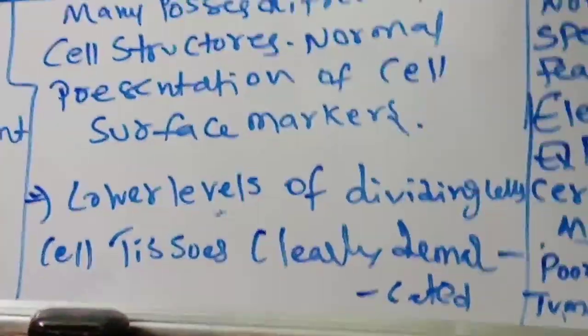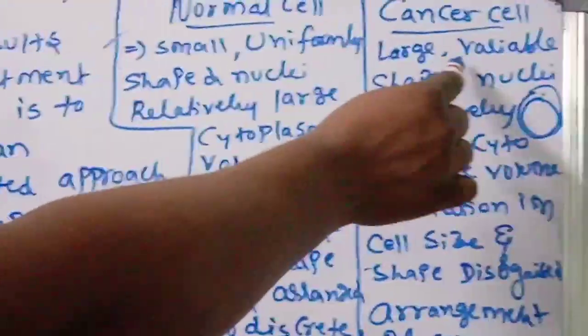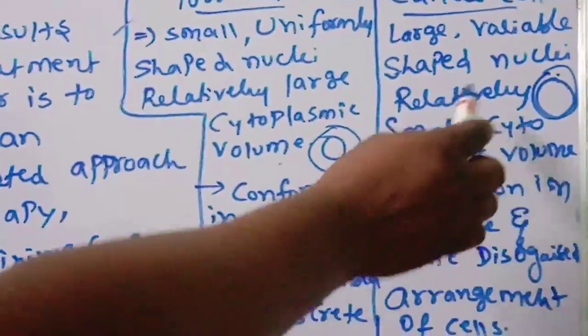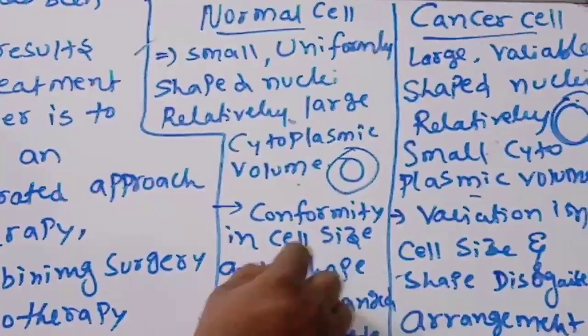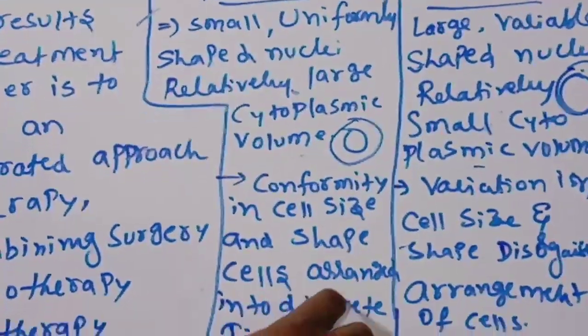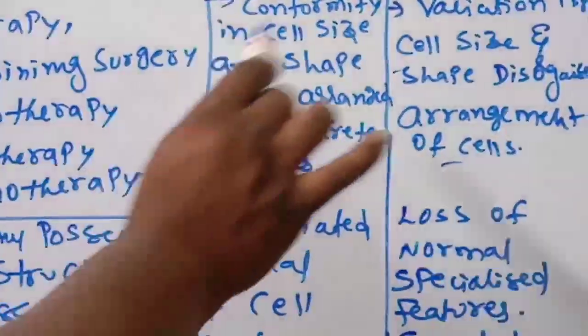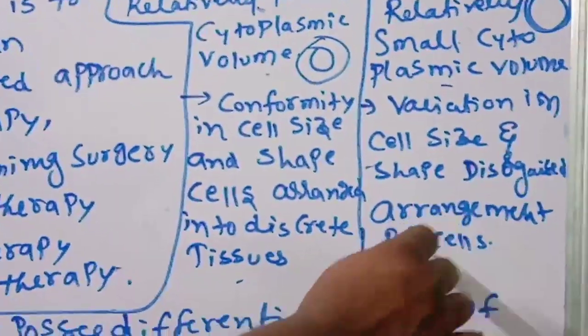Normal cells: small, uniform shaped nuclei, relatively large cytoplasmic volume. Cancer cells: large, variable shaped nuclei, relatively small cytoplasmic volume. Your nucleus is big, your nucleus is small. Cell size and shape are conformed in normal cells, with no variations, but in cancer there is variation in cell size and shape and disorganized arrangement of cells.